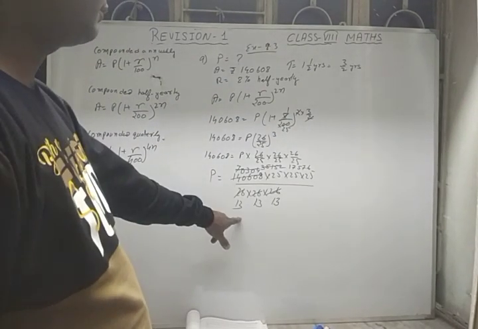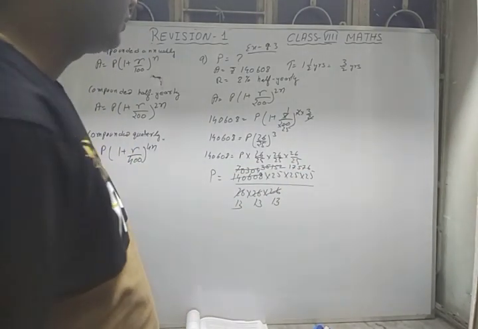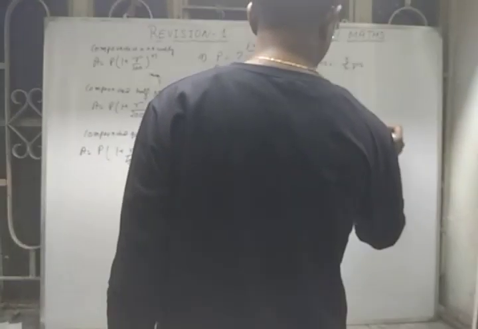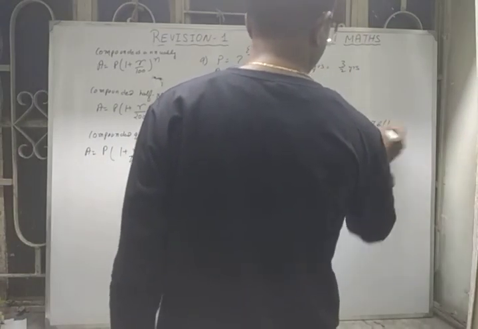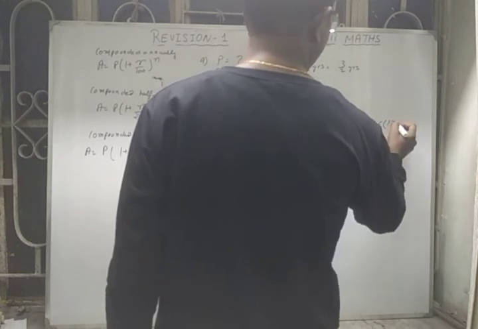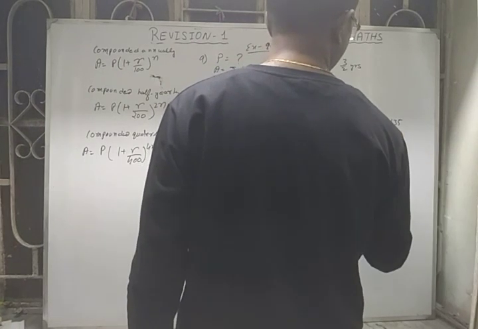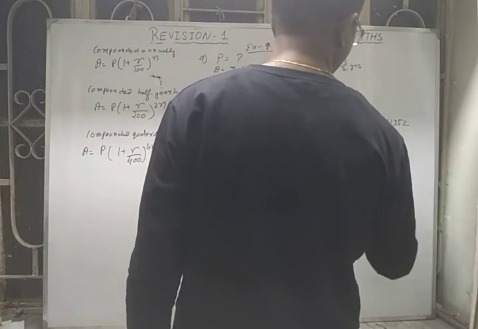Now you can check whether this number can be divided by this or not. So we'll do the rough work. 17576 divided by 13. 13 1s are 13, 13 3s are 39, 13 5s are 65, remainder 26, again 13 2s are 26.